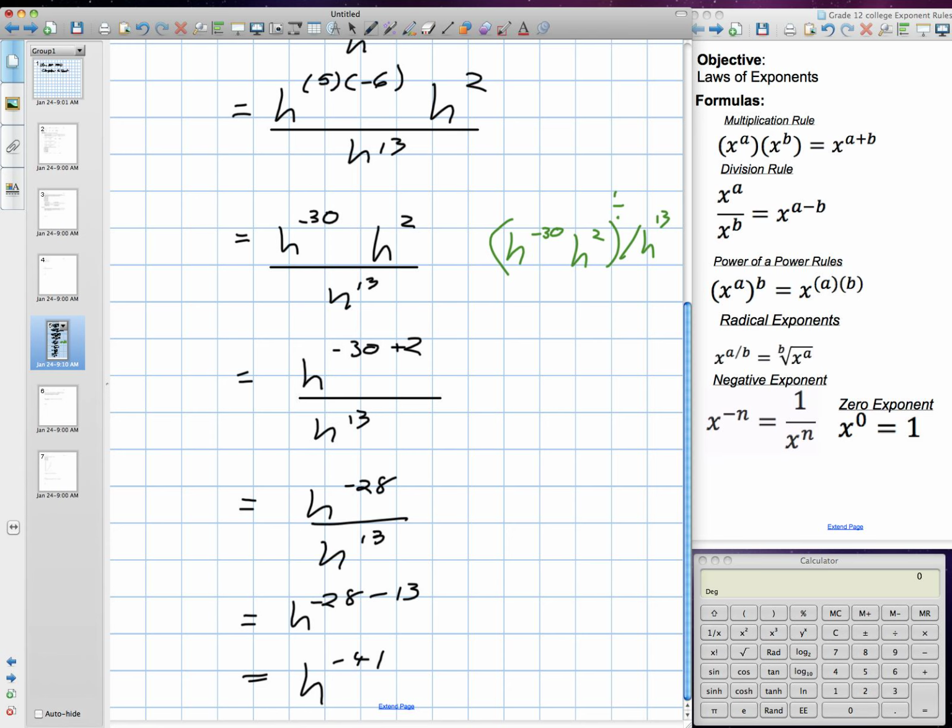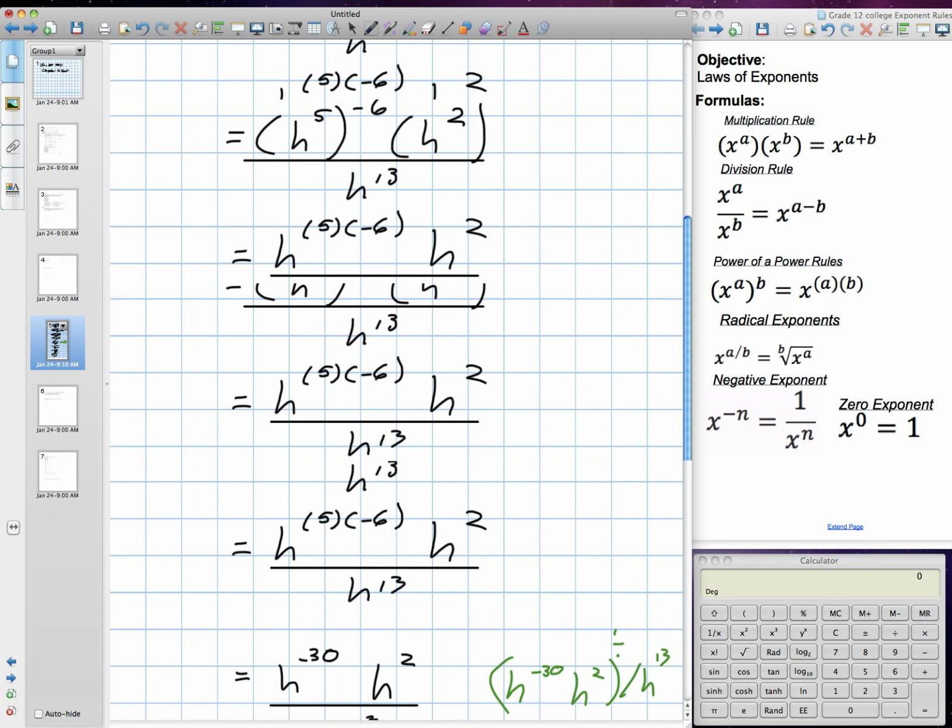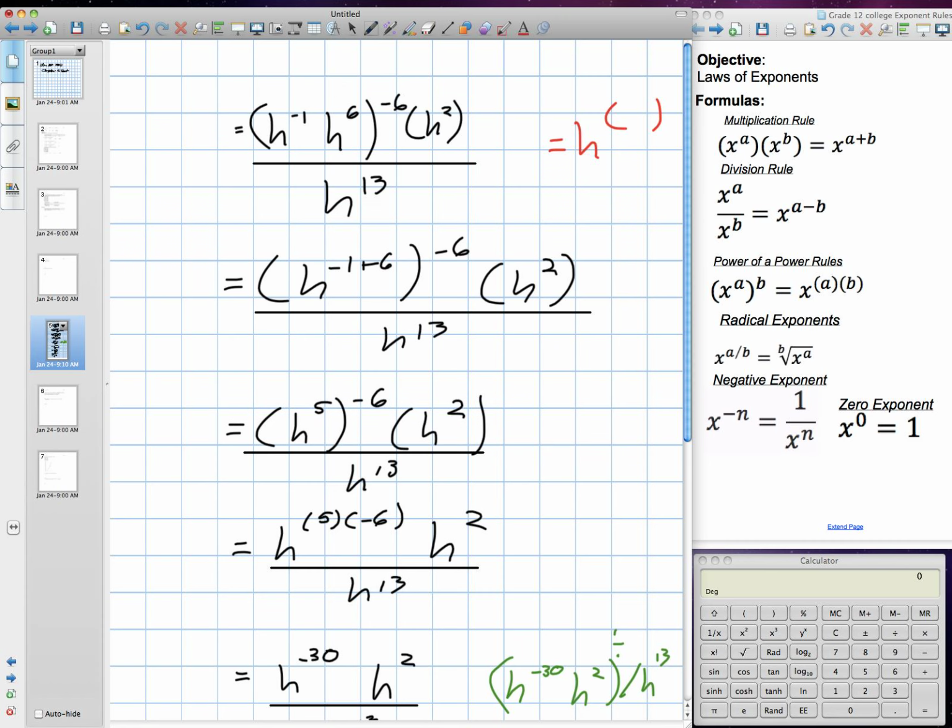Negative 41 was our answer in the end here. So our answer to number 6, when we scroll back up to the top, we would have left it as h to the power of negative 41. If you want to see that, that was negative 28 subtract 13, negative 41.